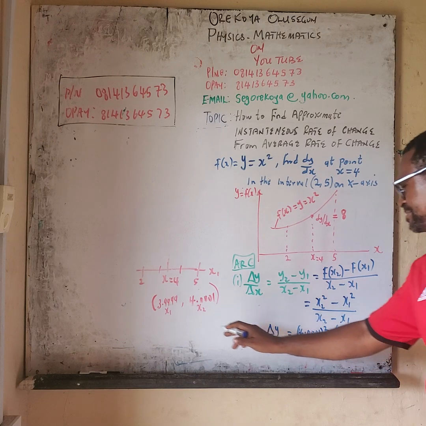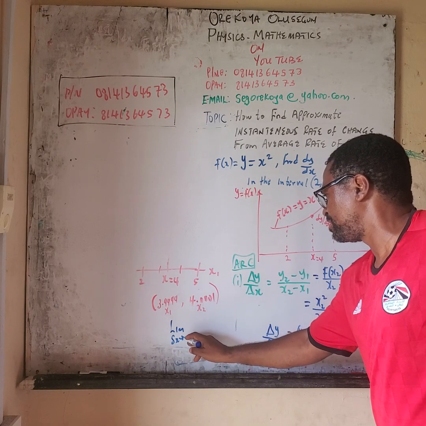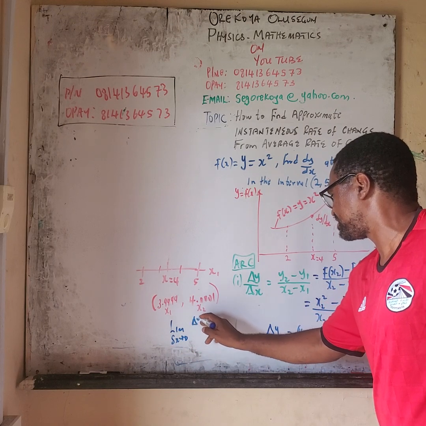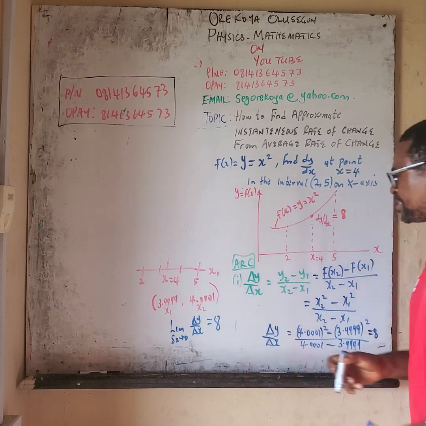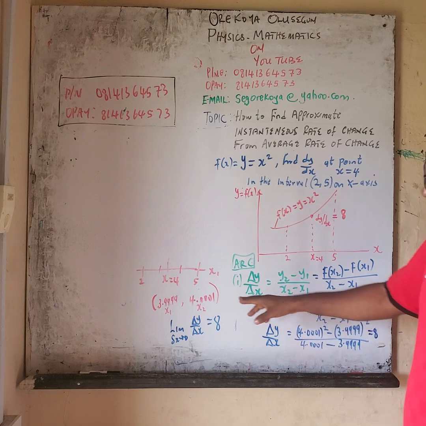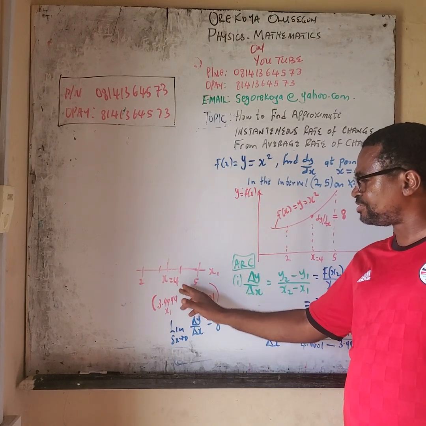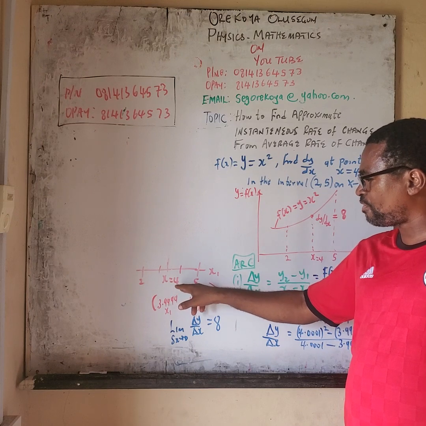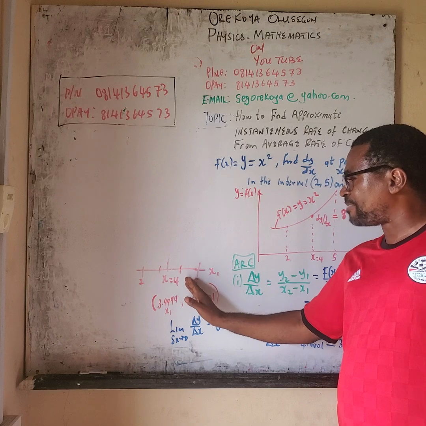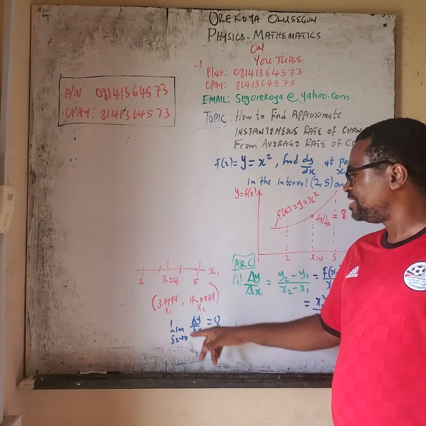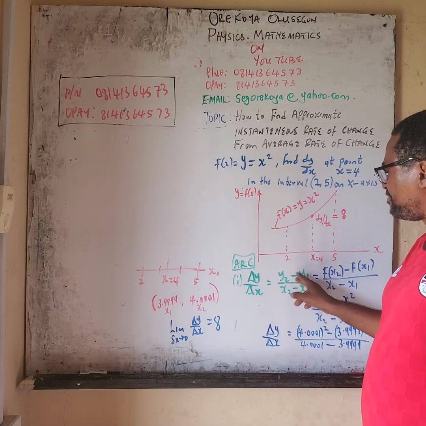So the limit as delta x tends to 0 of this average rate of change, delta y all over delta x, is equal to 8. It depends on the option that you pick here. Just make sure that whatever you pick to the right of the point we are looking for, and to the left of the same point, is approximately equal to 4 in each case. Take whatever you have inside the expression for the average rate of change.